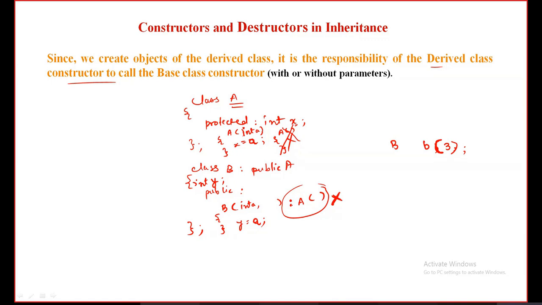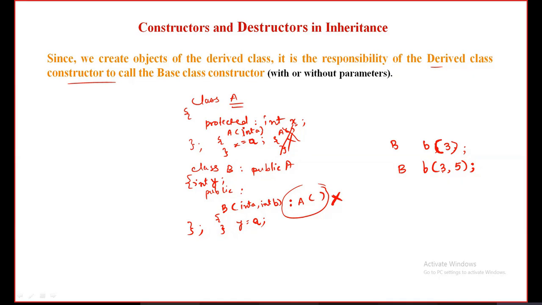So in that case, whatever data members are required by the base class are also to be passed while we create the object for the derived class. So I am passing 3 to be assigned to y, and 5 to be assigned to x. Definitely now the constructor of class B will have 2 arguments, let us suppose int A and B, because it has to accept those 2 values.